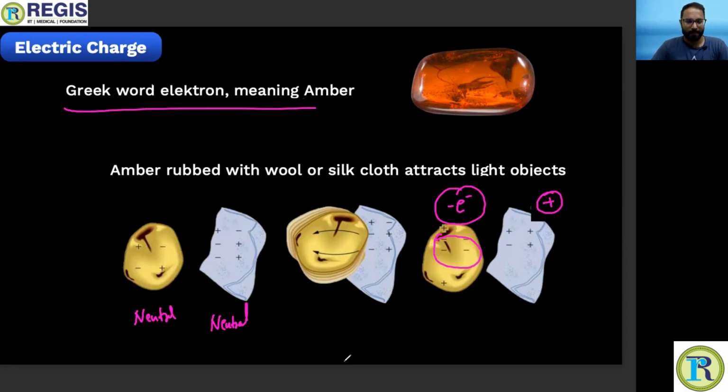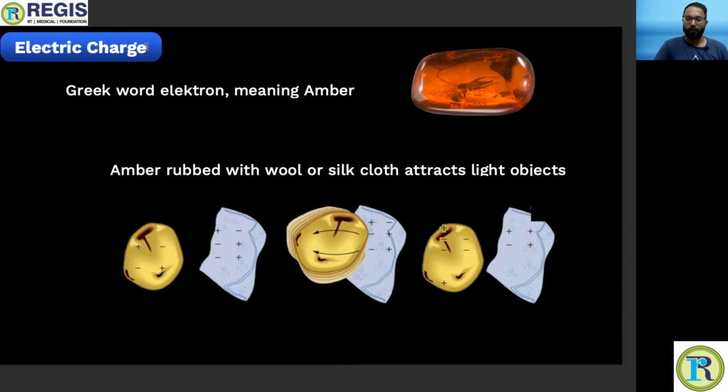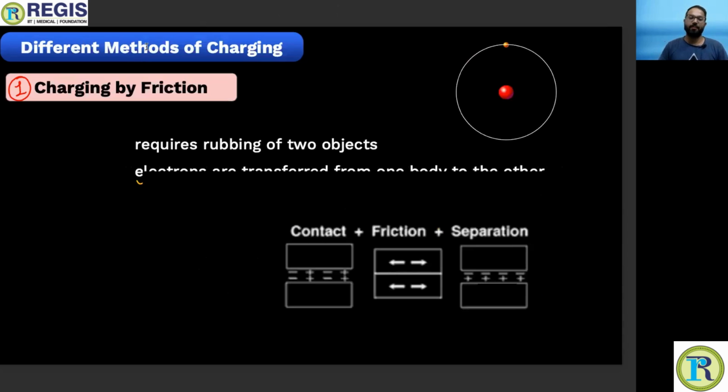Okay. So now let's discuss a couple of methods by which we can transfer charge from one body to another. First method is friction, charging by friction. The name of this method is self-explanatory.